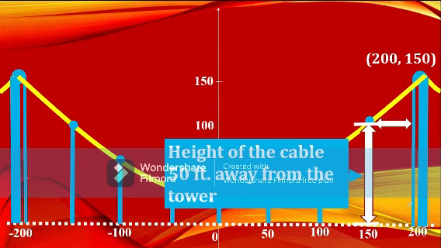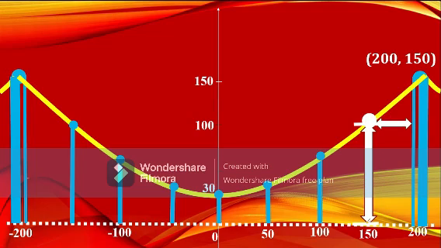This is a tower, 50 feet away from 200 to 150. So that point. So 150 is our y, but we don't know the height. We don't know the value of our y. So that is unknown. That is what we are going to solve.